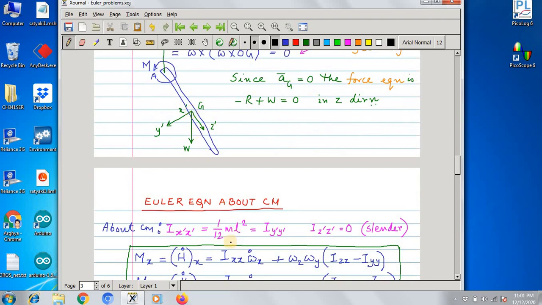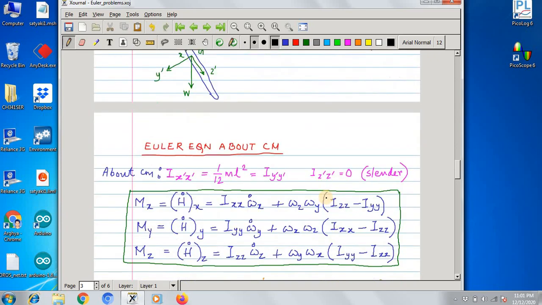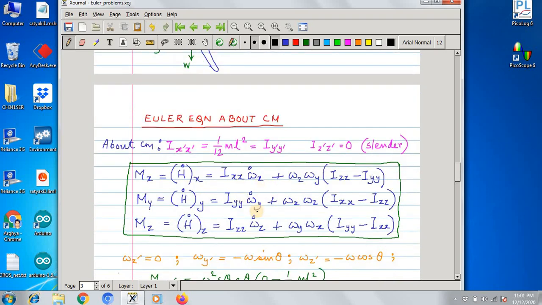So now we are in a position to take moment about the center of mass, and about the center of mass these are the inertia values. Since it's slender, we are assuming that the moment of inertia about z dashed is 0. All the dot terms, omega x dot, omega y dot, omega z dot, are 0.